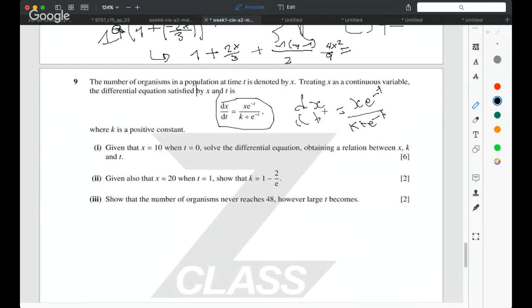So then you just multiply them, so it becomes dx times k plus e to the t is equal to x e minus t.